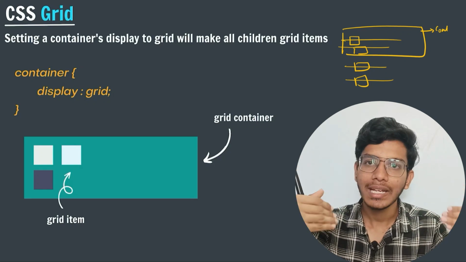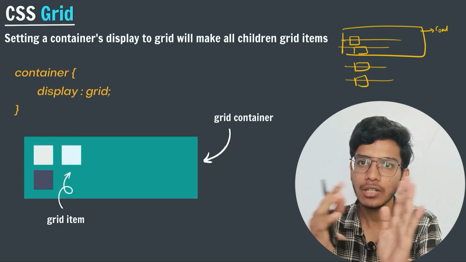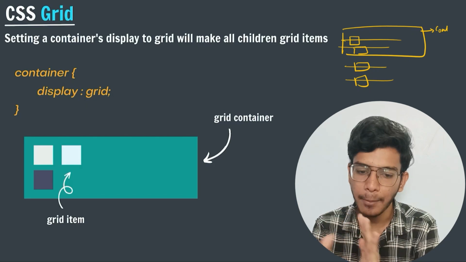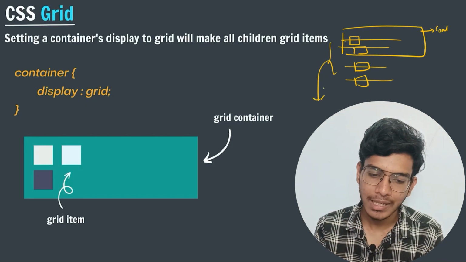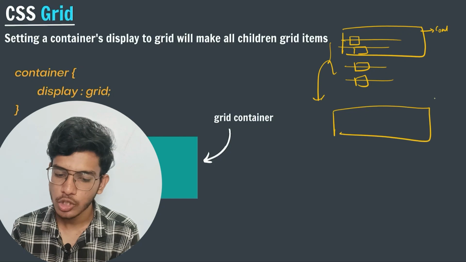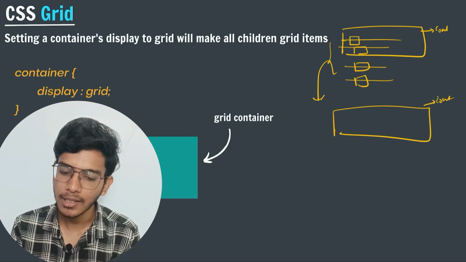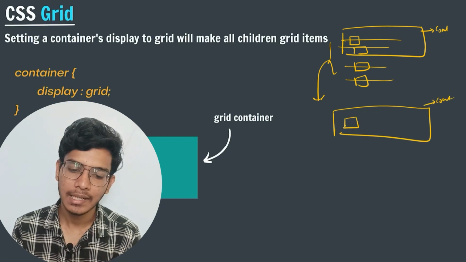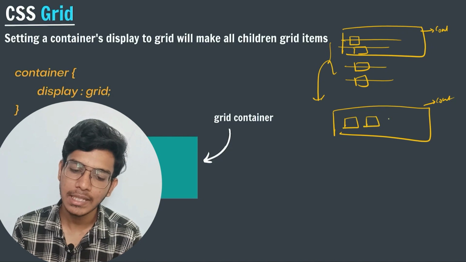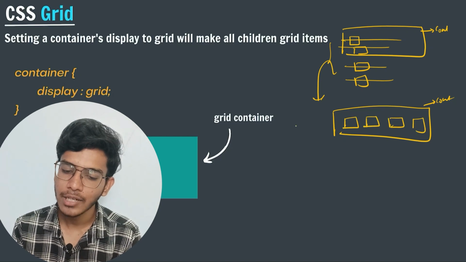Now when I give display flex, this structure will get converted to a structure like this. This is the parent container, and inside that container my first div will come here, second div like this, third div, and fourth div.